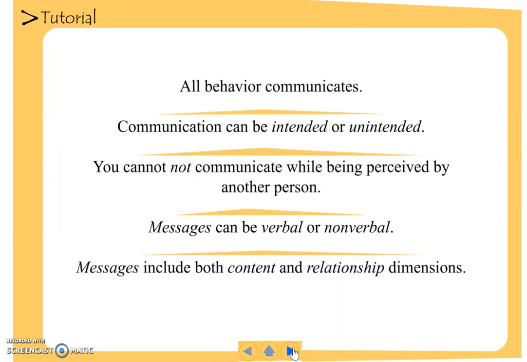And it's important to remember that these messages themselves have characteristics. All communication, all behavior communicates in some way or another, and communication can be intended or unintended, whether it was meant to be sent or not, because you cannot not communicate. While another person is seeing a person, there is going to be some type of communication, whether you mean it to be sent or not.